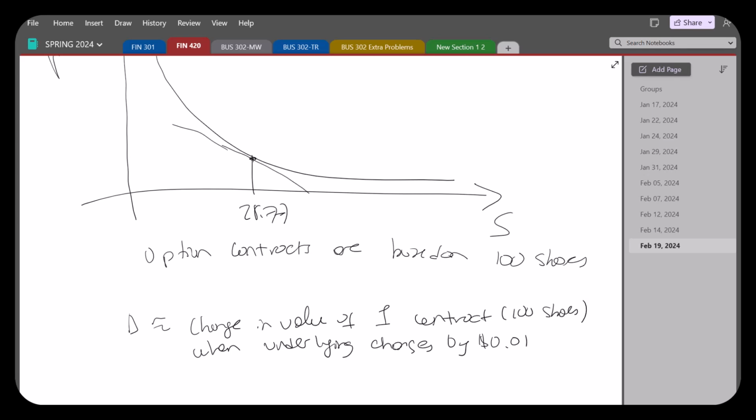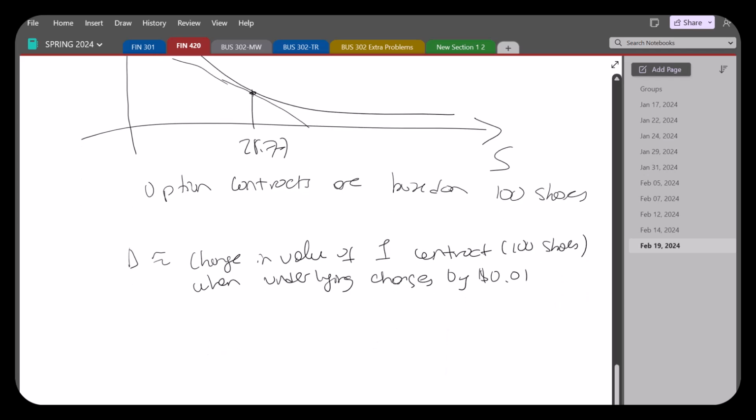It's a little bit easier to think about it that way, because slopes are just a mathematical abstract concept. This basically says if the price goes from 28.77 to 27, the value of this put option is going to decline by about 45 cents per put option contract.